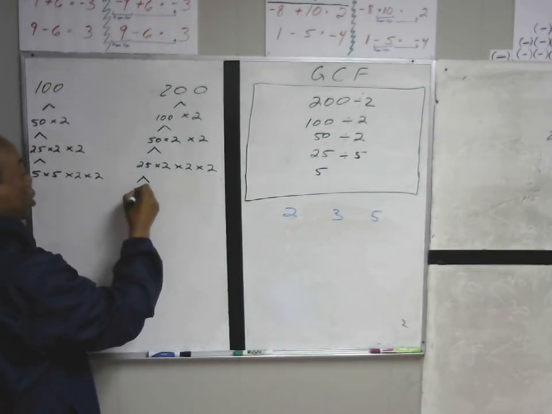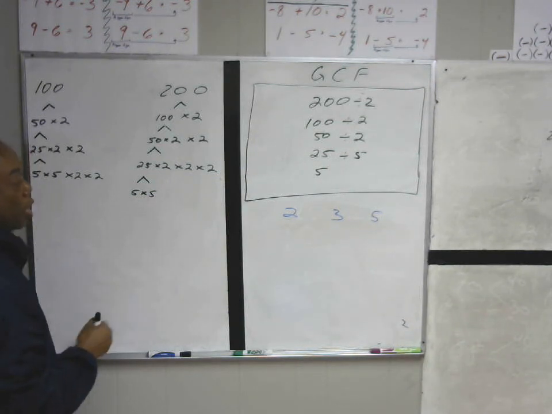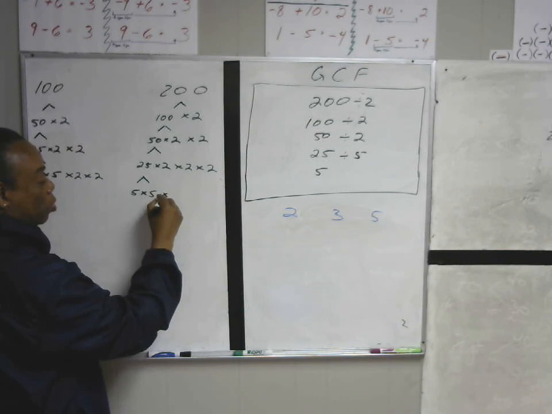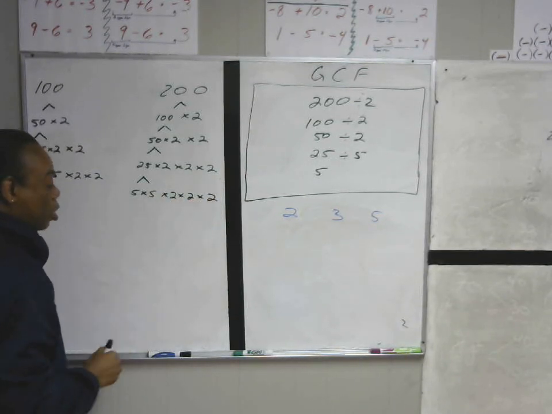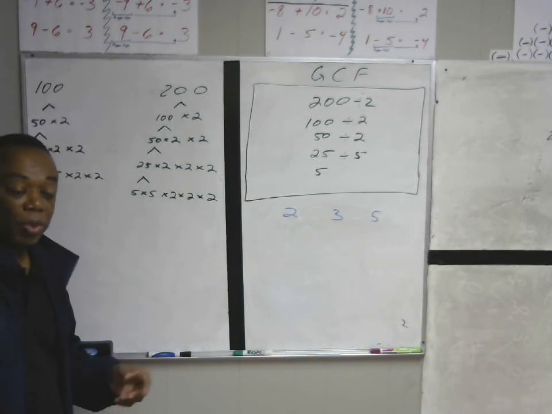So 25 is 5 times 5, and then we bring down the 2, 2, 2 next to it. And now we have prime factors. That means we can't divide them anymore.